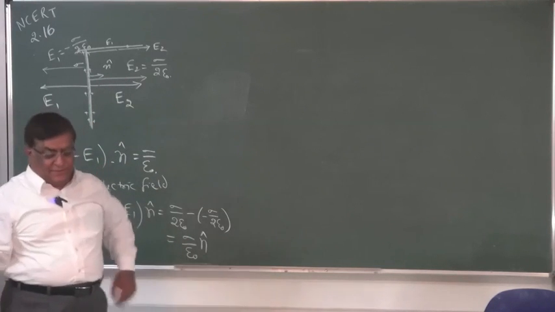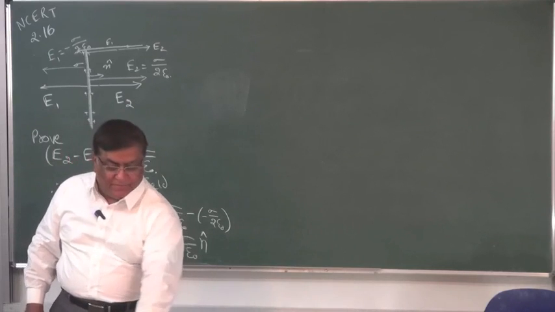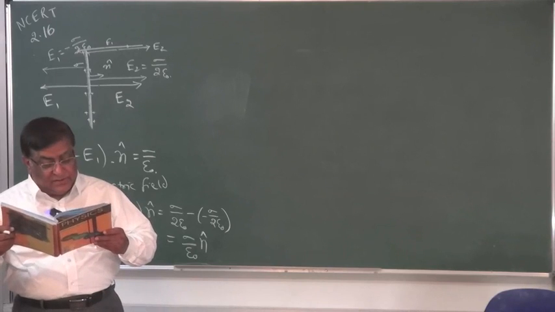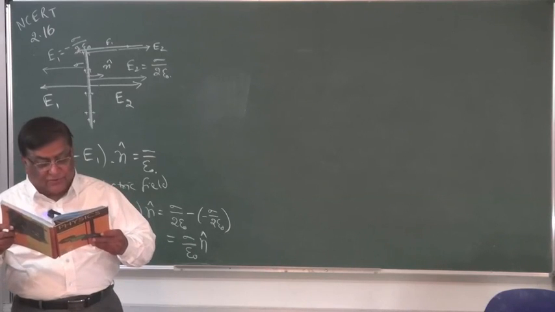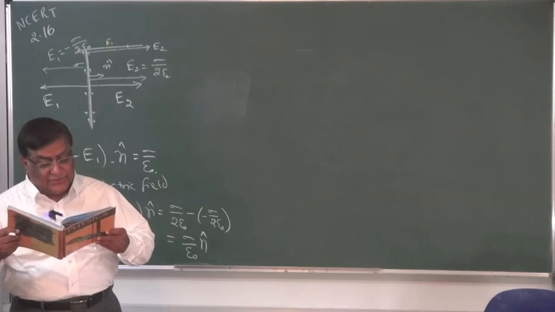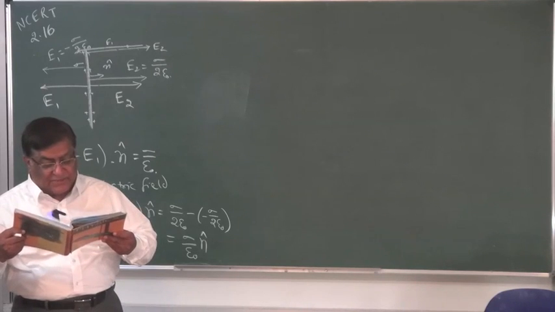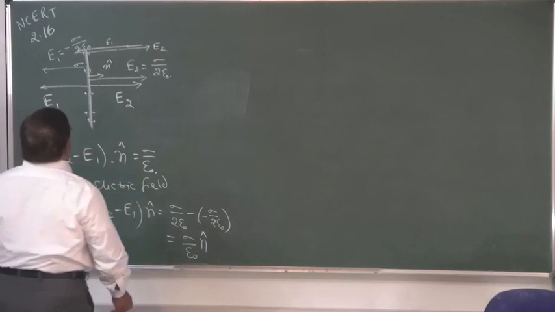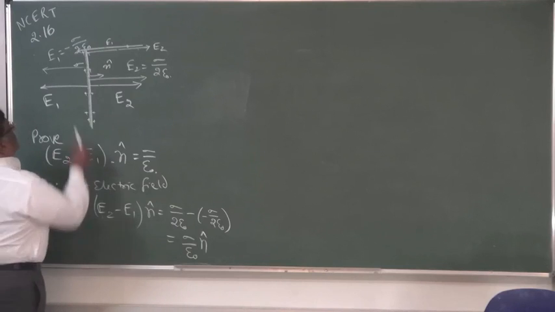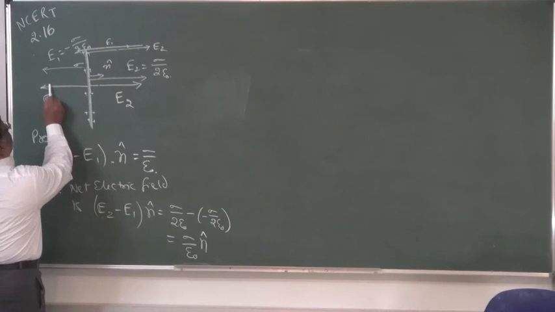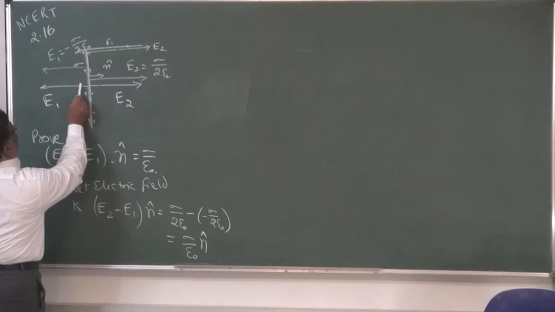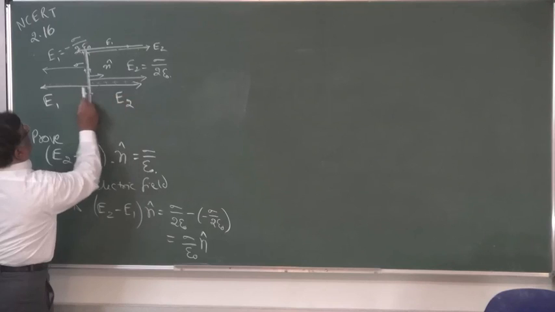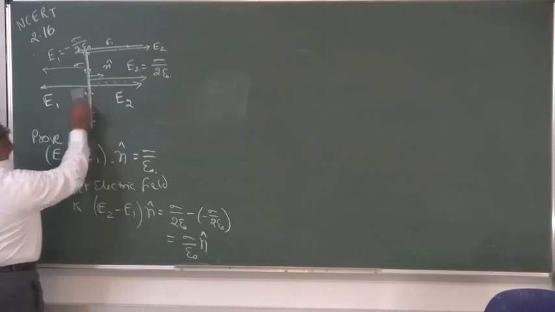Now our question is, see the language of the question. It says, show that normal component of electrostatic field has a discontinuity from one side of a charged surface to another. Discontinuity, yes. Here electric field is negative, negative, negative, negative, negative, negative, positive, positive, positive. What about just at a center?